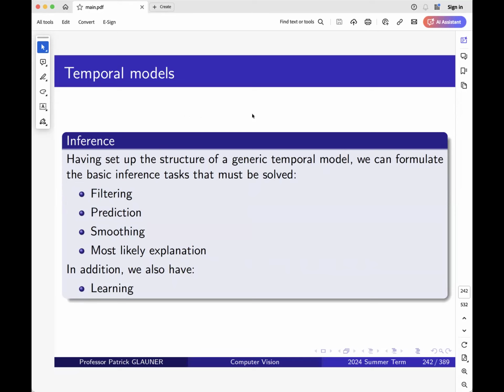When I studied machine learning in my master's, I did a whole master's in machine learning at Imperial College when I was younger, and there was a whole lecture just covering all of this for the whole semester. That class was called Advanced Machine Learning, and essentially it only addressed inference in temporal models plus learning.